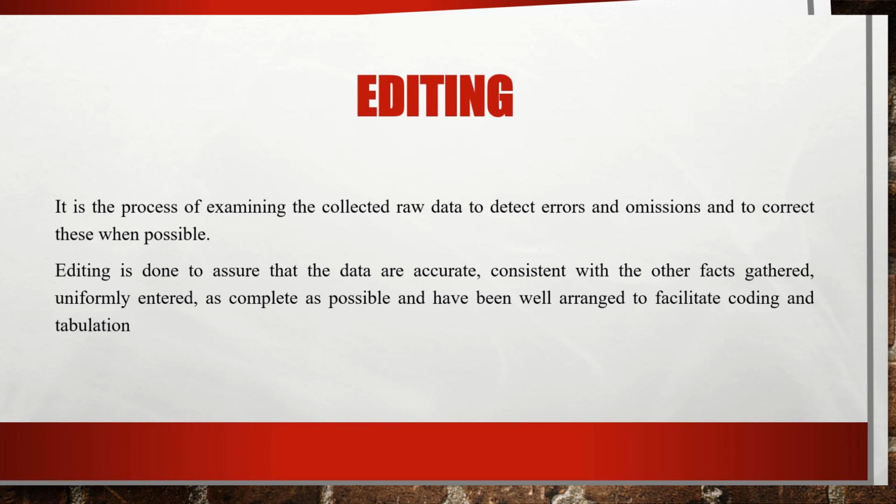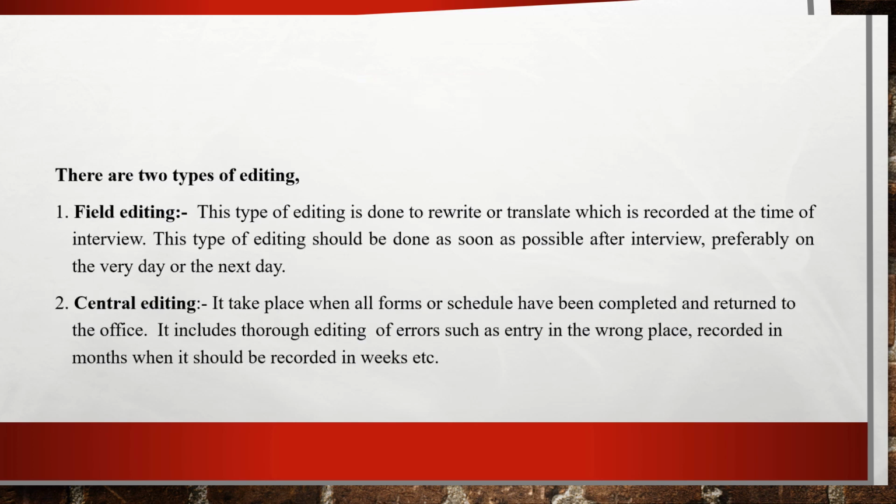It can help to ensure whether the data are uniformly entered, and we have to complete it as far as possible. This editing is done in two ways: first field editing and second central editing. Field editing is done by the investigator himself or the person who has collected the data.